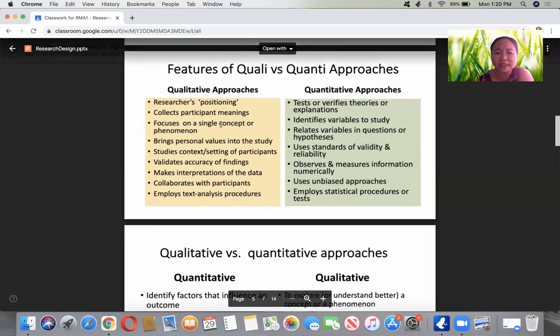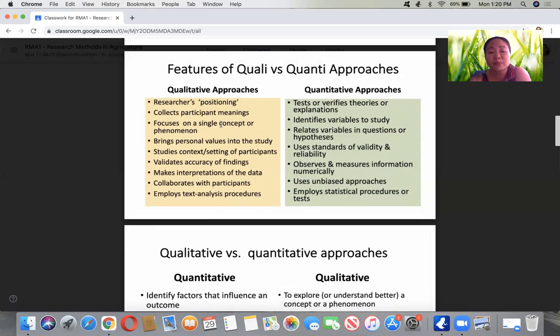Although in the qualitative approach, you may also employ statistical procedures, which is very different in quantitative. To make sure, the main difference between the two is that the quantitative approach is more experimental.